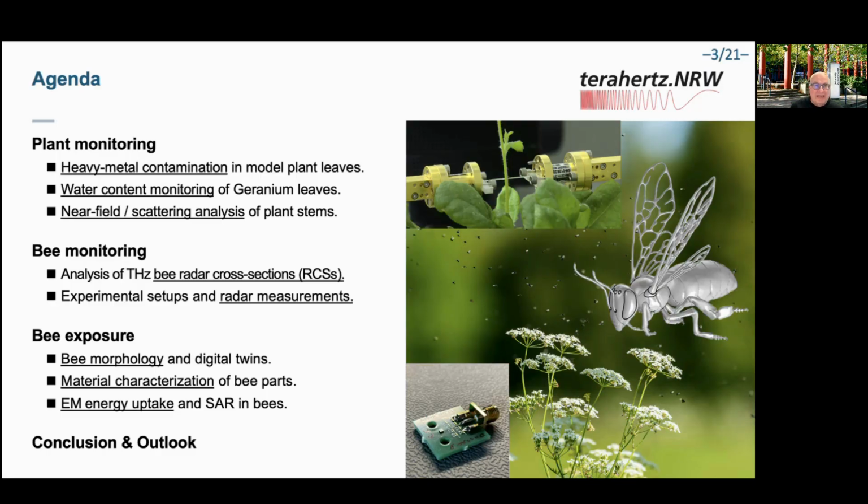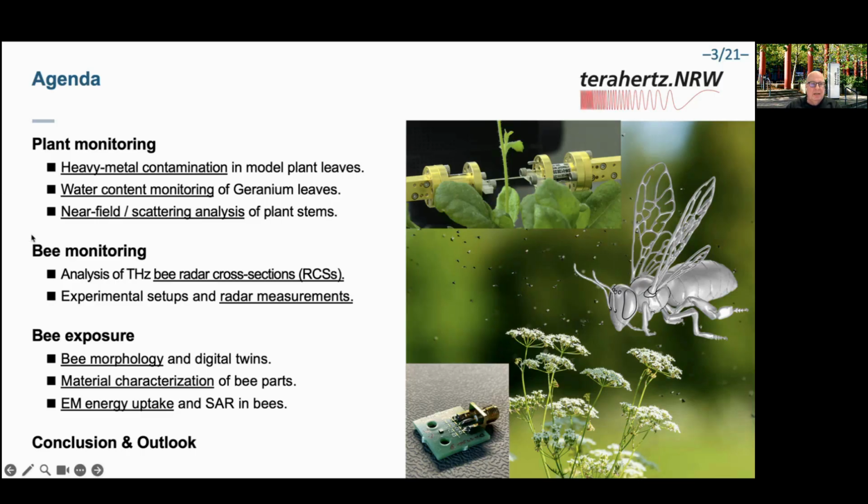near field, far field scattering analysis of plant stems at these kinds of frequencies in order to look into the plant stem itself. Then we will switch gears to bee monitoring, and there we will look at the analysis of terahertz bee radar cross-section that might be acquired within experiments, but also we want to look at artificial bees, so-called digital twins.